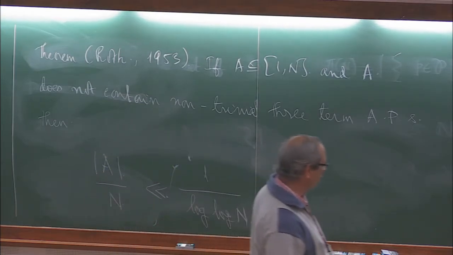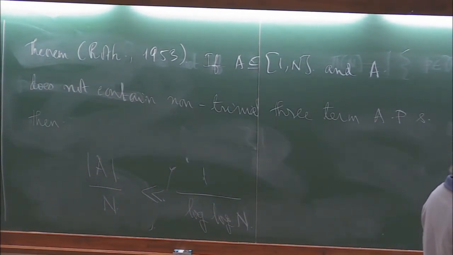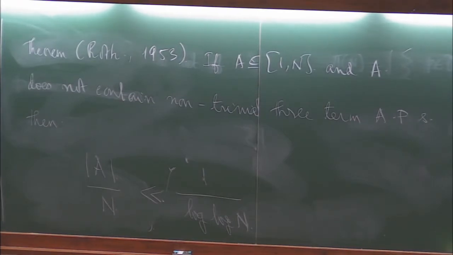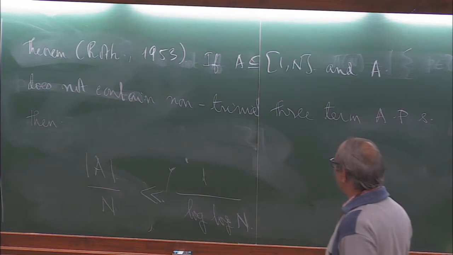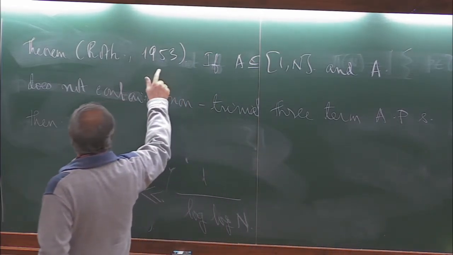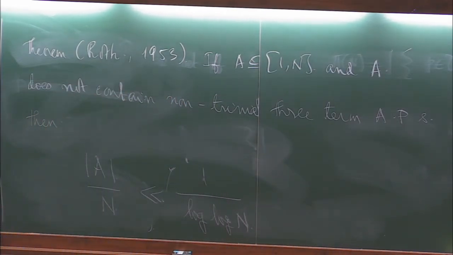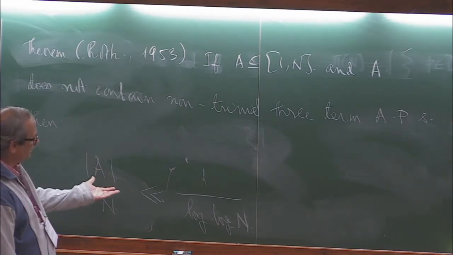Now, before I launch off into Roth's theorem itself, let me tell you that it's interesting to note a result of Behrend, which came before Roth in 1946, which in fact went the other way.